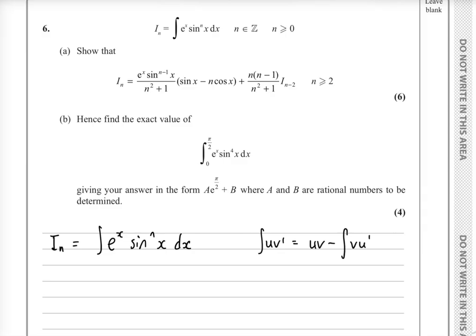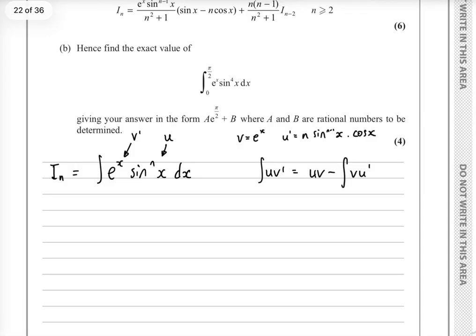We don't want to be integrating that, so let's make e to the x v prime and sine to the power nx u. So v is obviously e to the x, and u prime is n times sine to the n minus 1 x times cosine x. This is going to get messy before it gets better.